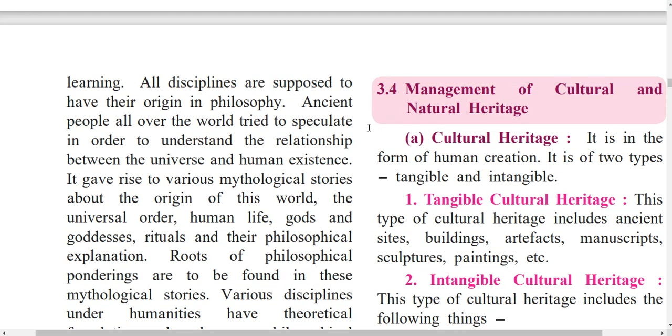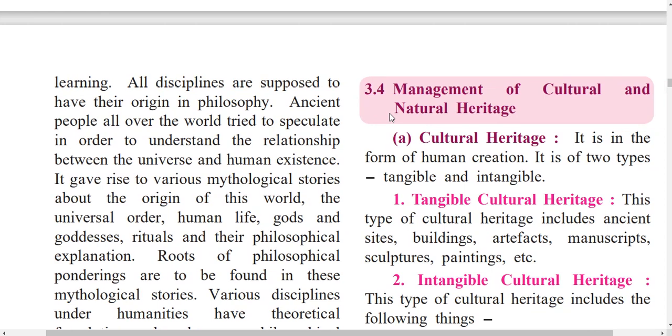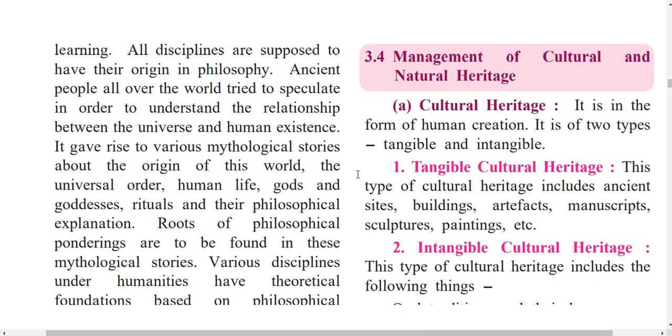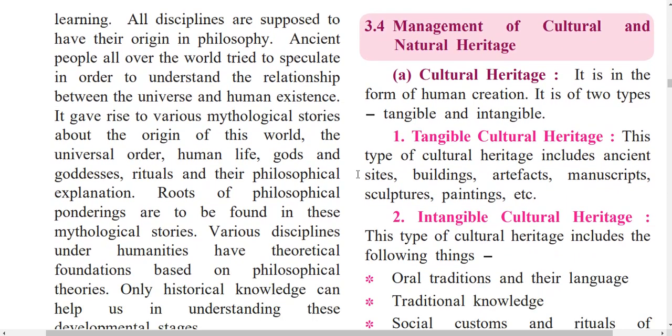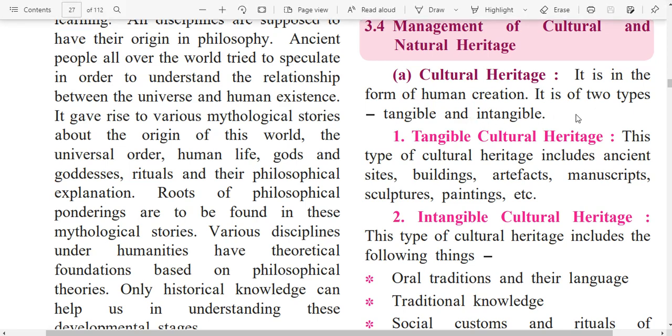Now, section 3.4, Management of Cultural and Natural Heritage. Part A, Cultural Heritage. It is in the form of human creation. It is of two types, tangible and intangible.